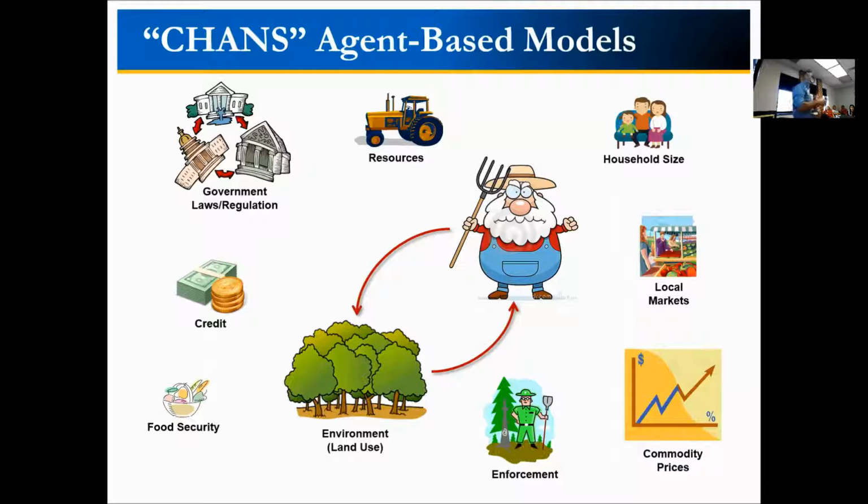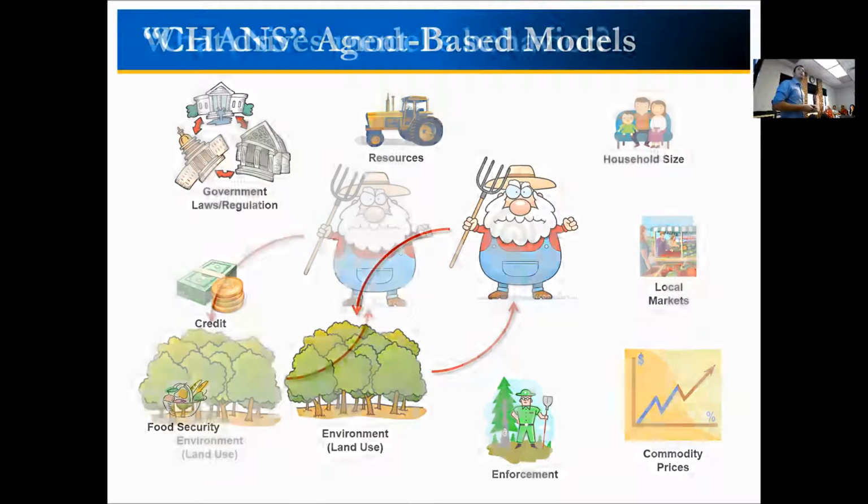See, okay, let's see what happens to my landscape, to my farmer agents, when I change the credit, when I give more credit, when I reduce the amount of credit, when I change the enforcement, and so forth. So you can start coming up with policy scenarios, and one of your results is having an idea of what would be the implication of such policies.